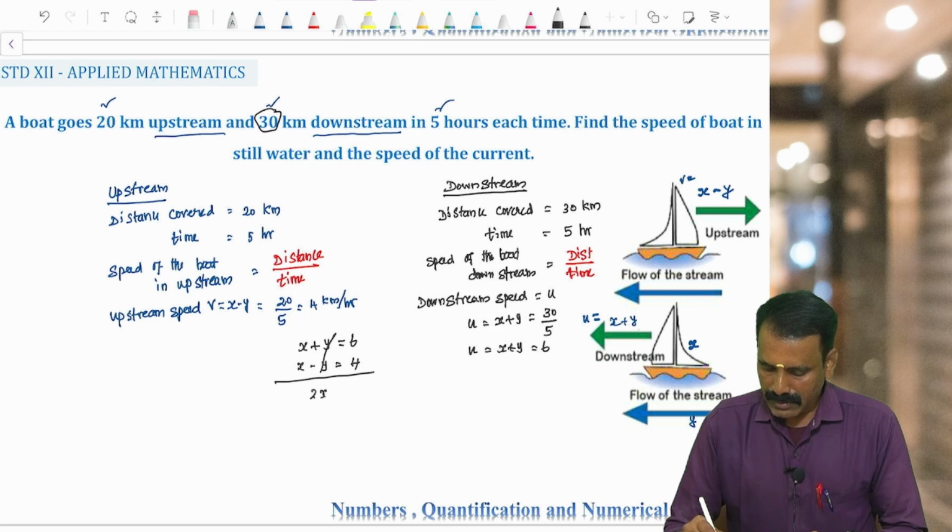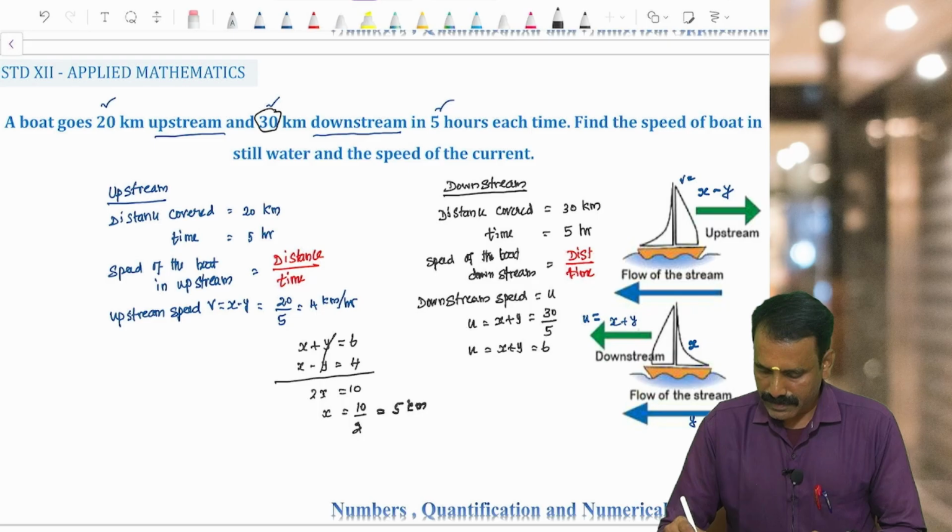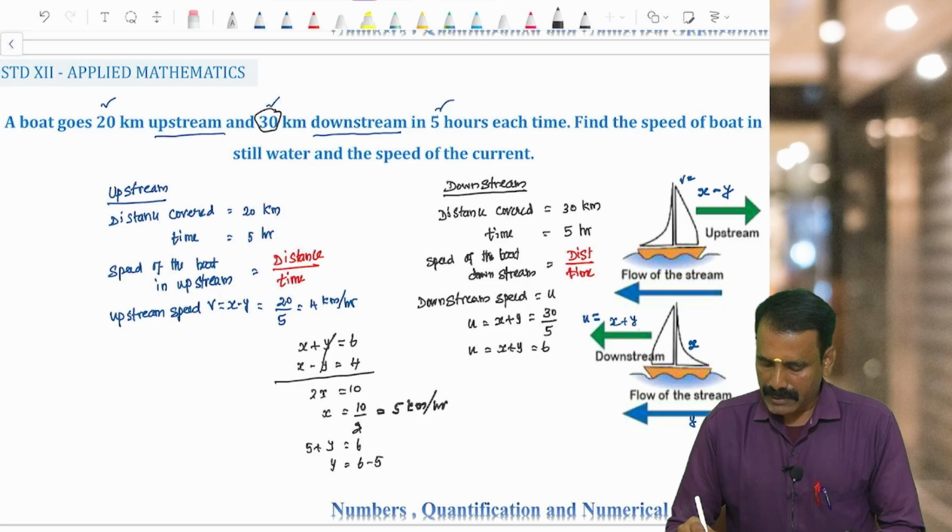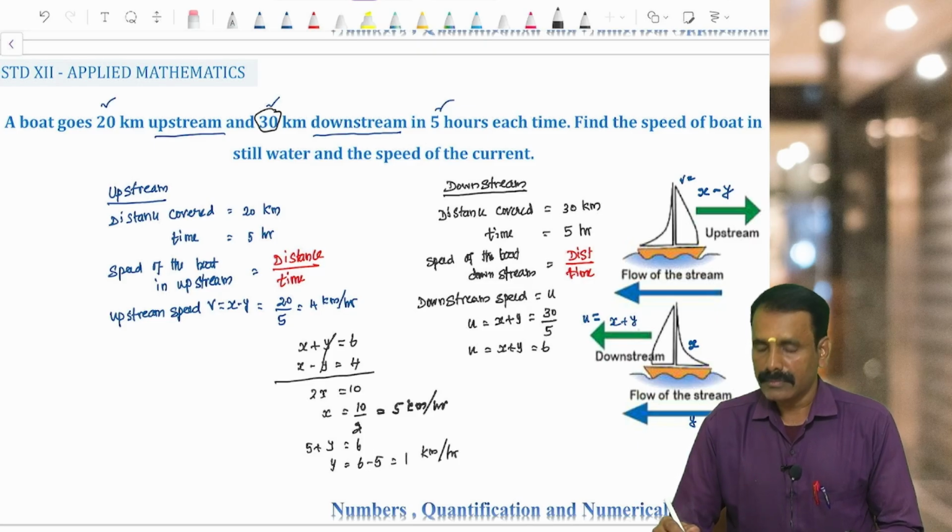So 2x is equal to 10, which means x is equal to 10 divided by 2, that is equal to 5 kilometer per hour. Substitute x value is equal to 5. So we get 5 plus y is equal to 6. Y is equal to 6 minus 5, that is equal to 1 kilometer per hour.